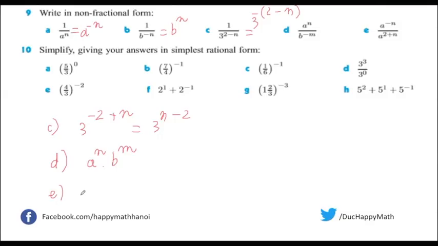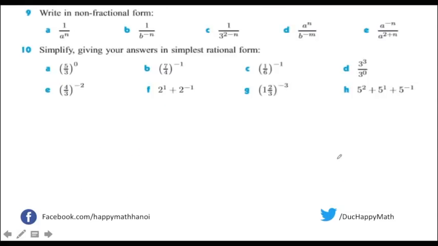E, you will have a^-n unchanged, and times a^(-2+n). So a^-n plus with negative here, you will have a^-2 and negative 2.